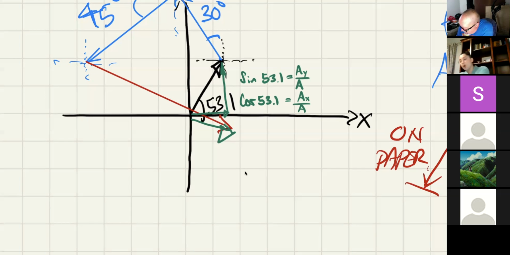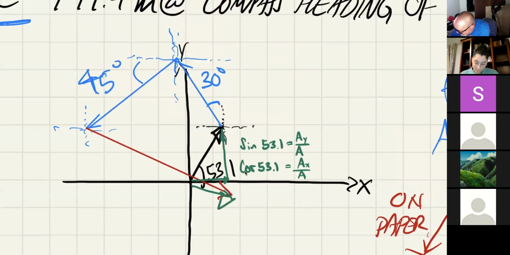Similarly, I can move this down here a little bit, and I see that vector B has a positive y component and a negative x component.